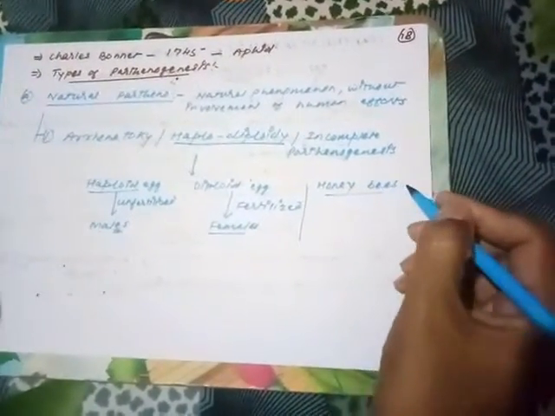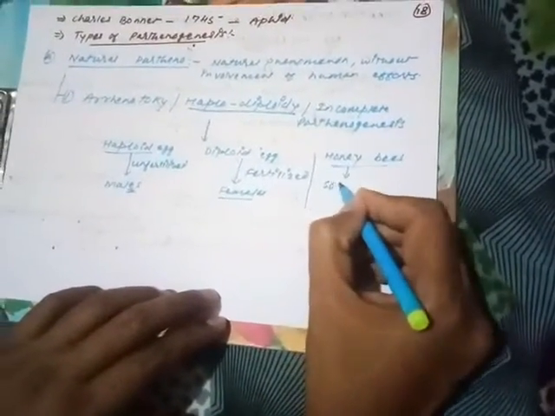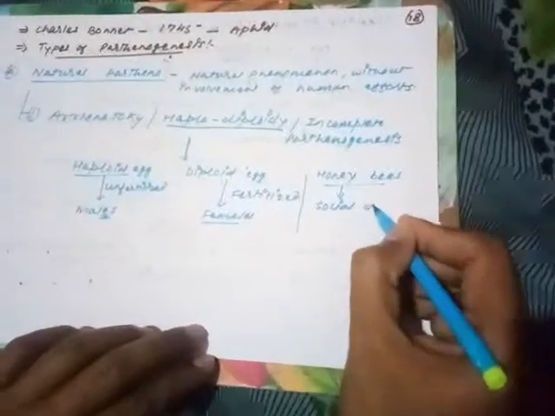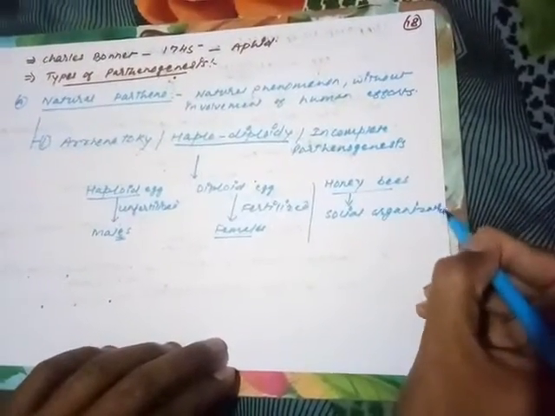How? We must understand that in honeybees they are performing social organization. What is social organization?